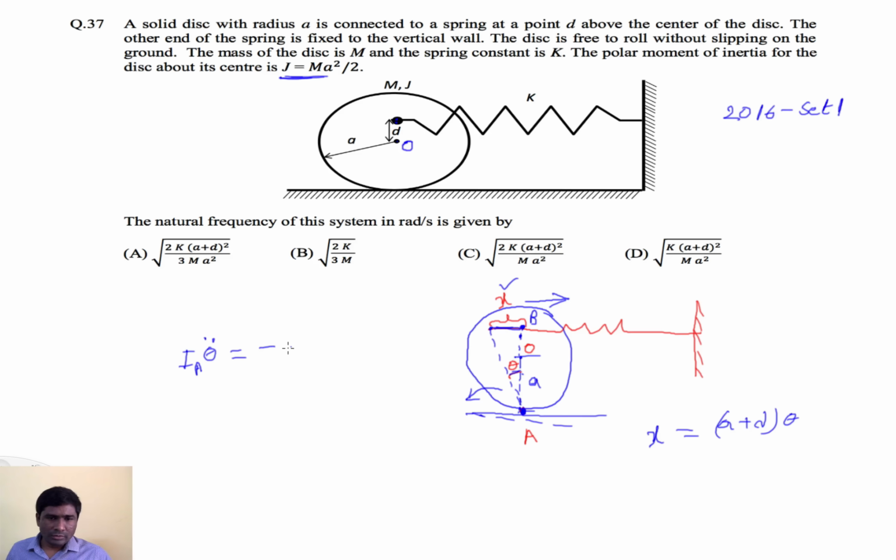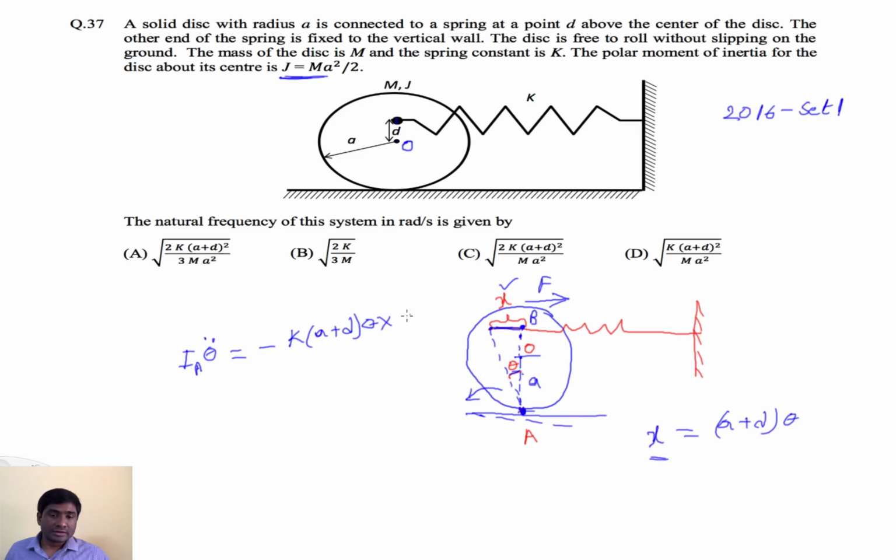That means a negative of force, this force F equal to K into x, but x equal to (a plus d) into theta. So K into (a plus d) into theta into the distance from A to this point.